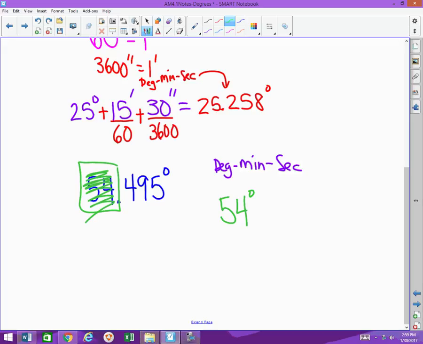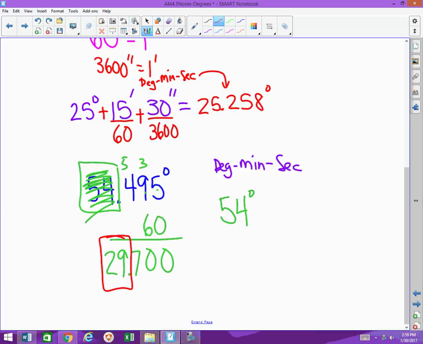Then we take the decimal part, .495, and we multiply it by 60. So when you multiply by 60, that's 30, carry the 3, 57, carry the 5, and it's 29.70. So now this becomes the minutes: 29 minutes.